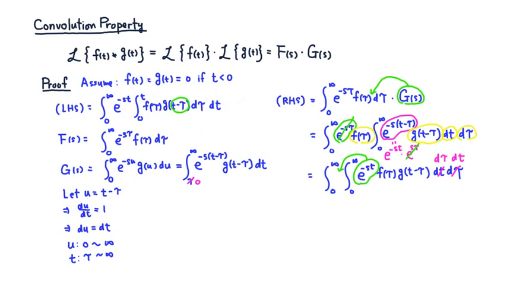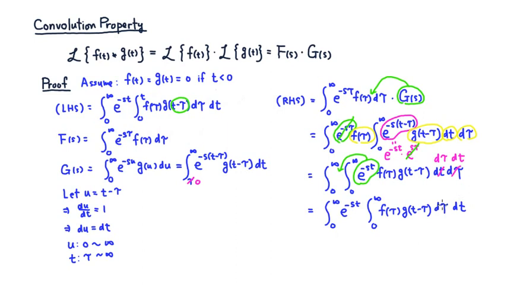So we're going to have an integral from 0 to infinity, then you have e to the negative s t pulled out. Then you have an integral from 0 to infinity of f of tau and g of t minus tau, d tau and then dt.